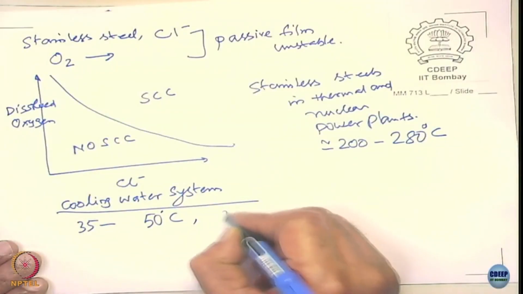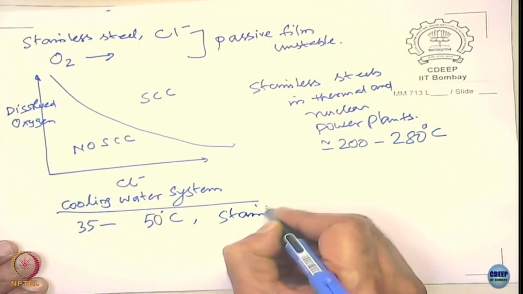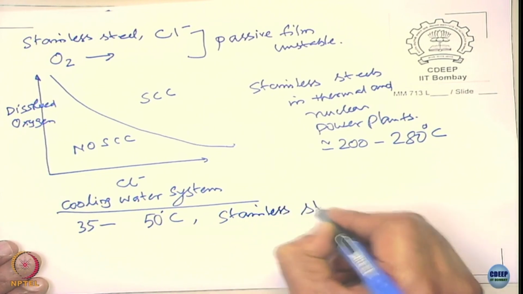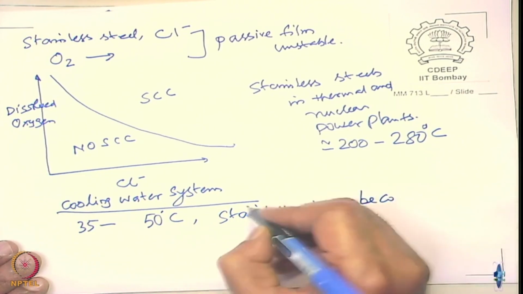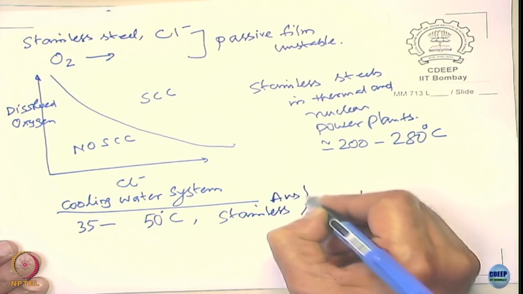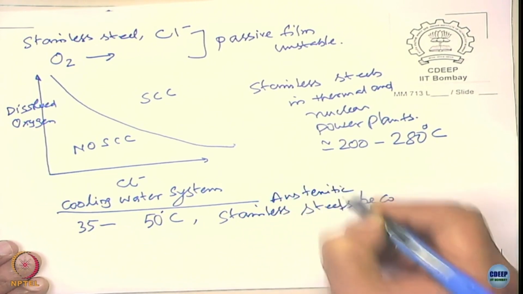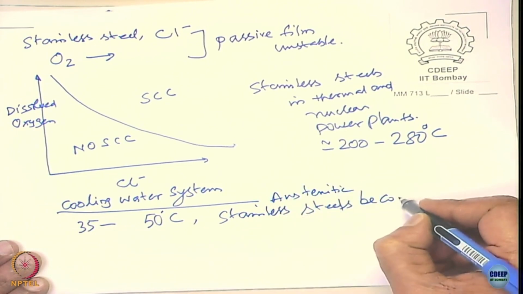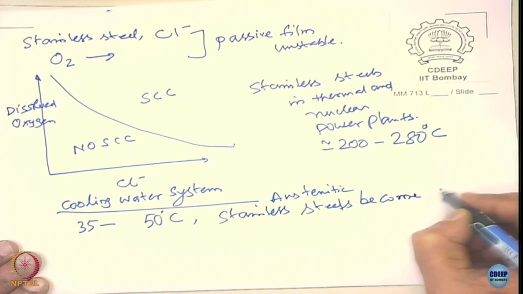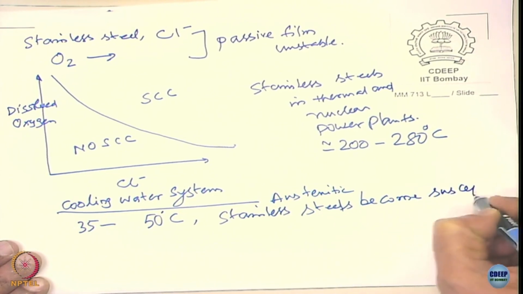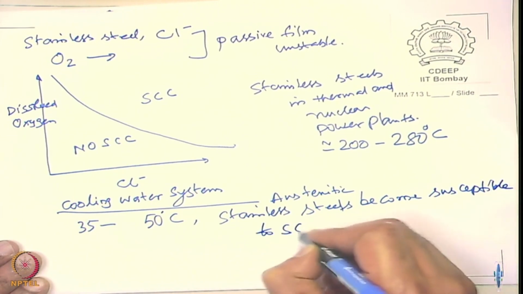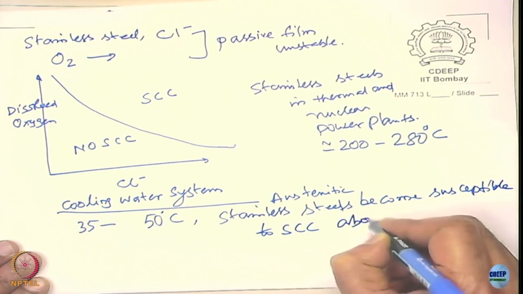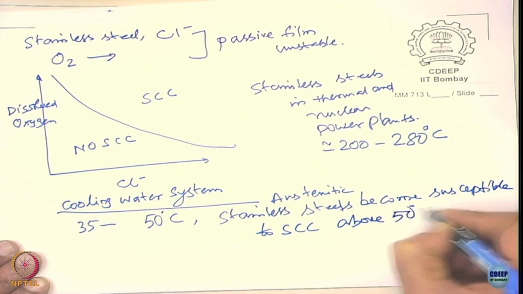The stainless steels become prone to, when I say stainless steel I mean austenitic, please make this change, austenitic stainless steels become susceptible to SCC above 50 degrees Celsius.